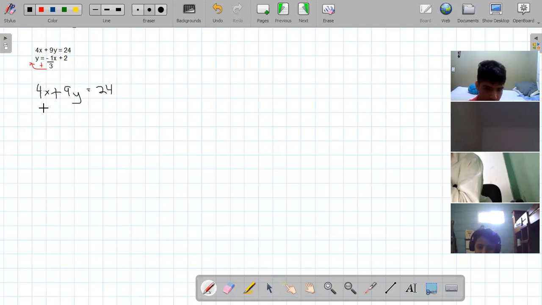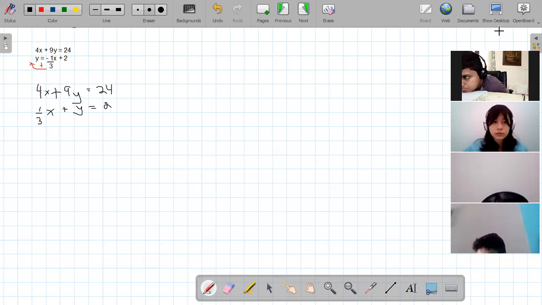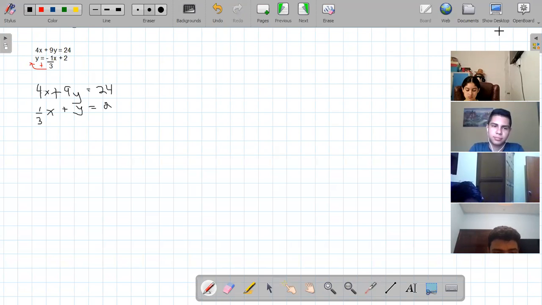And then I got this one that becomes positive, so it is 1/3 x plus the y that's already there equals 2. And now we're going to pick a variable to cancel out. So what variable are we going to cancel out in here?